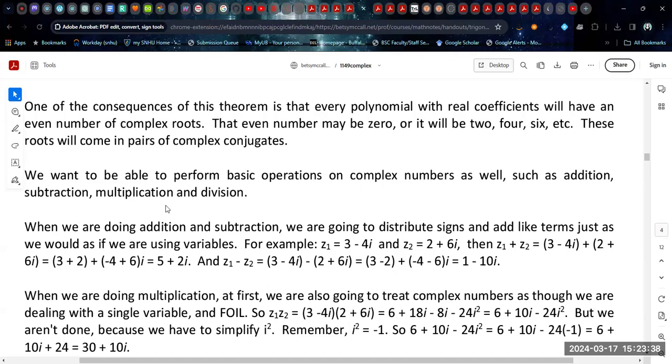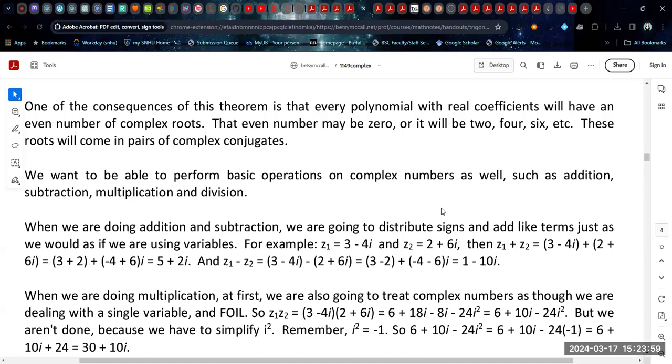If the coefficients are real, you'll have an even number of complex roots because they'll have to come in conjugate pairs. If you have complex coefficients, then that's not required, but you'll still get the same number of roots as the highest degree in your polynomial.